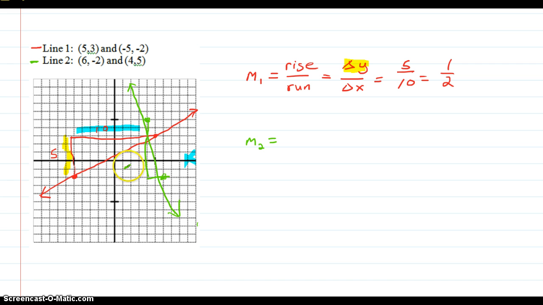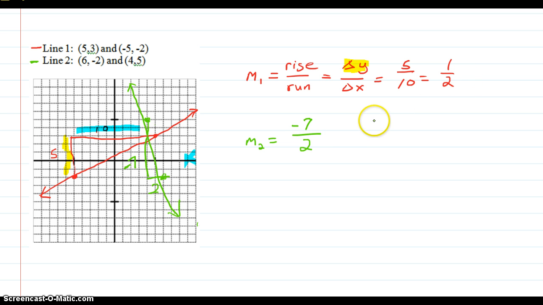So I went down 7, so it's a negative 7. Negative 7 over, and then, where's my cursor? 1, 2, I went over 2. And this can't be reduced, so my slope here is negative 7 over 2.